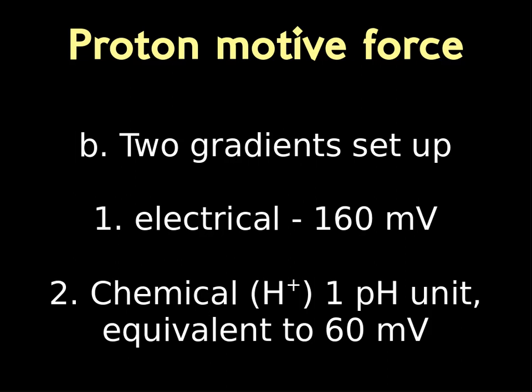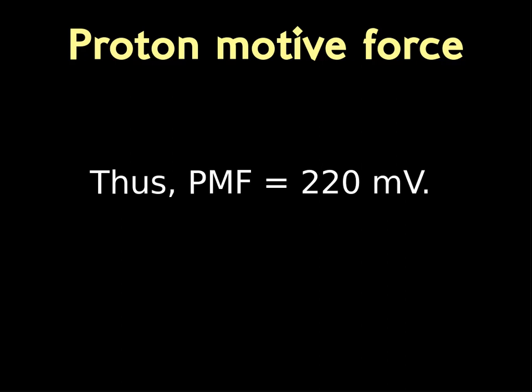That concentration gradient is equivalent to the same force as about 60 millivolts. It's not literally 60 millivolts, it's equivalent to the same force as 60 millivolts. Thus, the proton motive force is about 220 millivolts across the membrane.